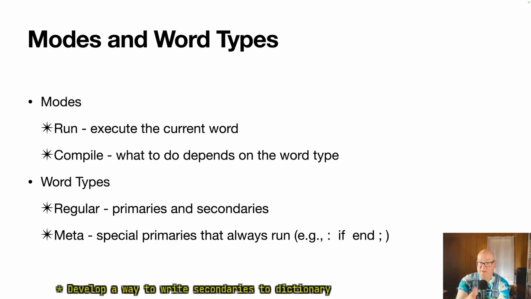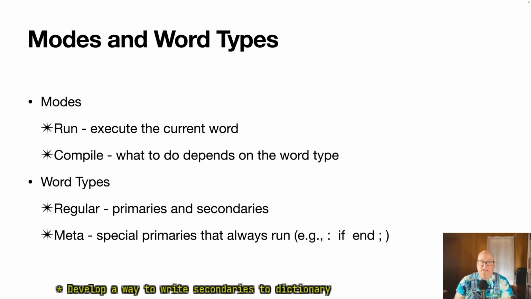So if, else, and end, even if you're not in compile mode, they're always going to run special. So if says, I want to capture the location of the current secondary so I can backpatch it later. And else does some twisting and backpatching, and then end does the final backpatching of going back to that line and zapping in a pointer to a different line.